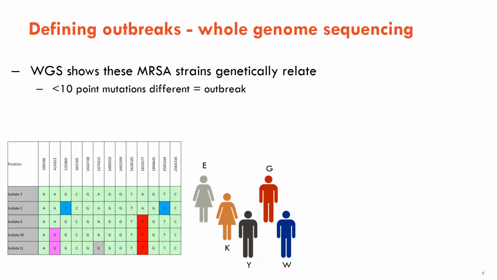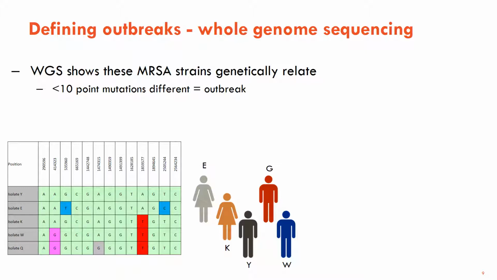Let's go back now to our hypothetical outbreak, and we can illustrate this better by looking at a very short segment of the whole genome sequence where this small number of nucleotide differences occur between these different strains. Isolate W in the top row has none of these mutations, so it's the first in the series.